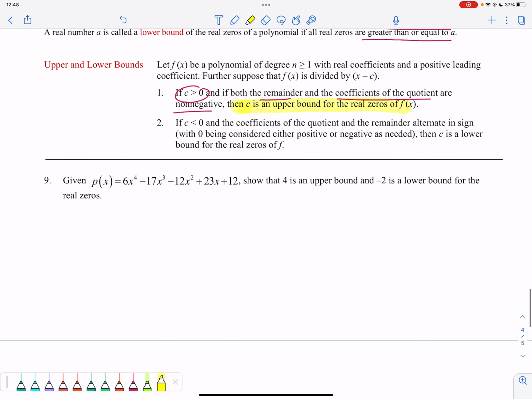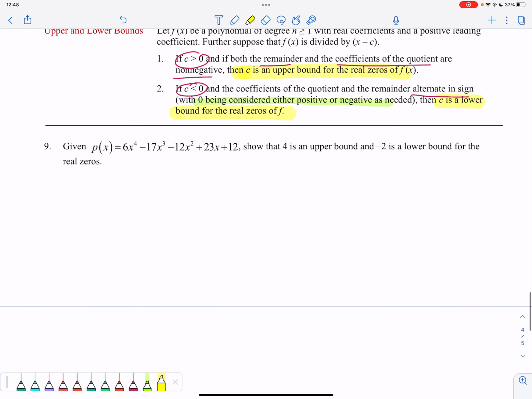And if c is negative, and the coefficients of the quotient and the remainder alternate in sign, and now 0, we call it a wild card. So 0 can be considered either positive or negative. Then we can say that c is a lower bound. So let's give this a try.